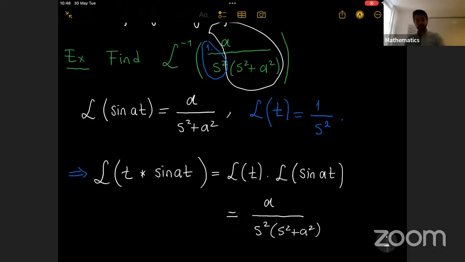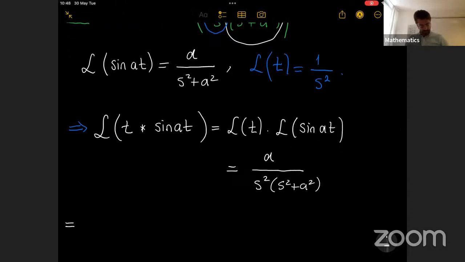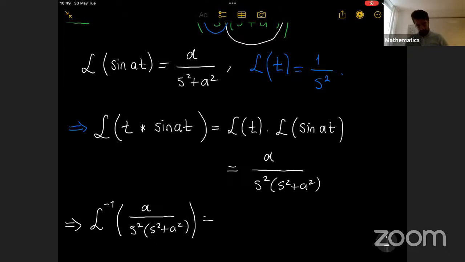But this implies that the inverse Laplace transform of this function is equal to t convolution sine at, okay?